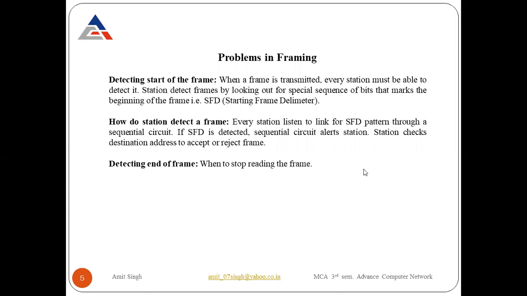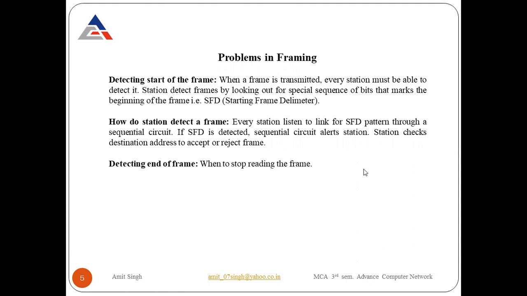Stations check the destination address to accept or reject the frame. So this is the second problem faced by the stations in the case of framing. It's difficult for the stations to detect a frame. So in this condition, every station only listens for the start frame delimiter through that sequential circuit.